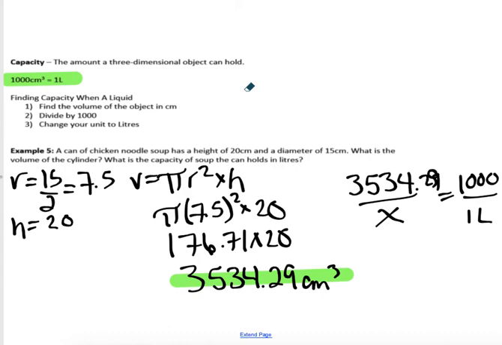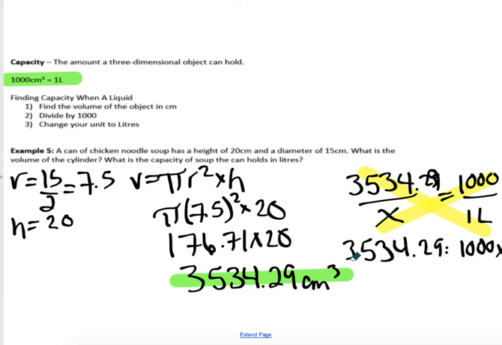So now I can cross multiply, where I'm going to take these two numbers and multiply them together, and then take these two numbers and multiply them together. When I do that, I'm left with 3,534.29 is equal to 1,000 x.